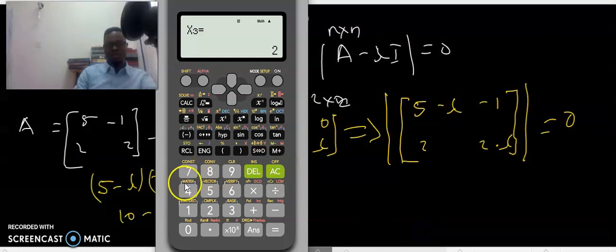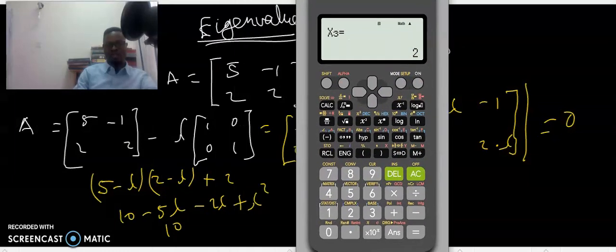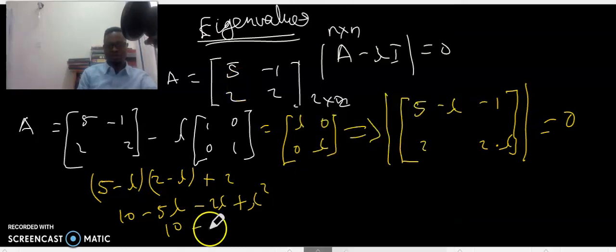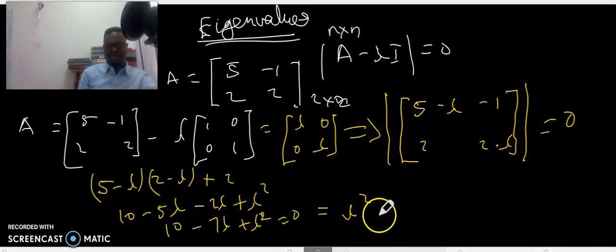Let's clear the calculator and put in minus 5 minus 2, which simply gives -7. So this is -7 lambda, plus lambda squared, equal to 0. We can rewrite this as lambda squared minus 7 lambda plus 10 equal to 0.